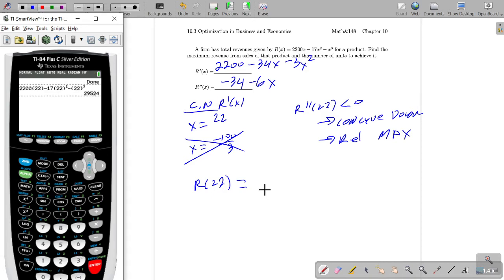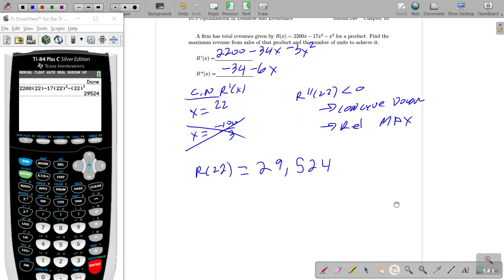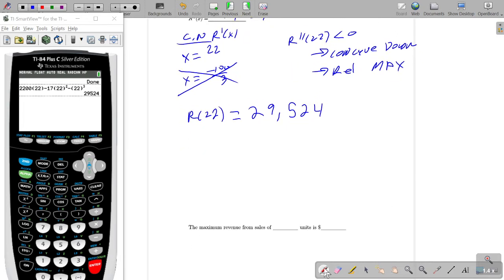And we should get 29,524. So the maximum revenue from the sale of 22 units is 29,524.